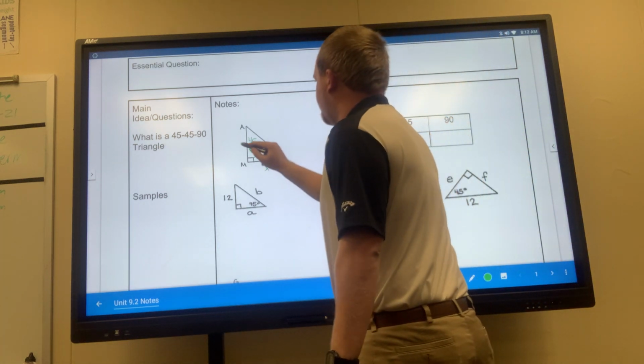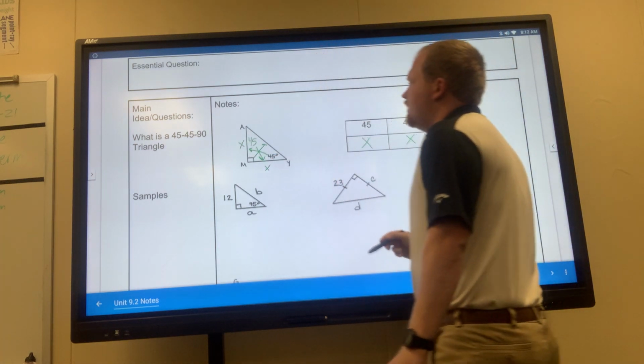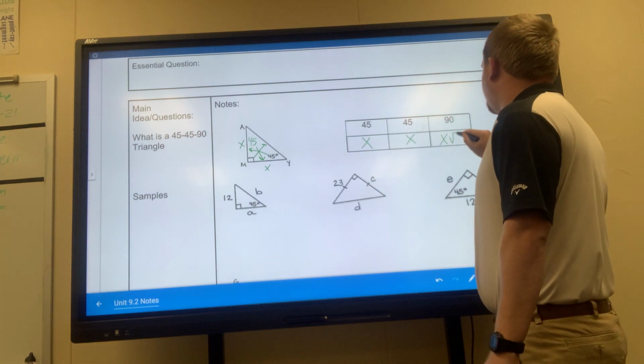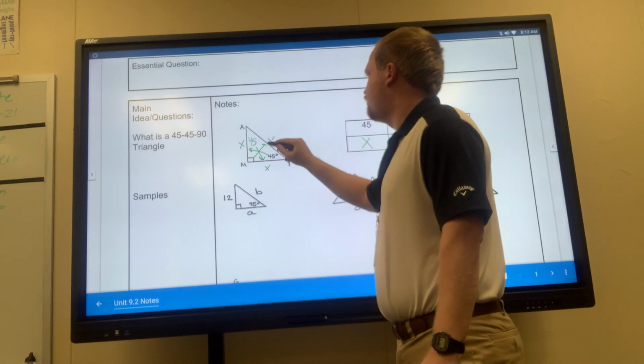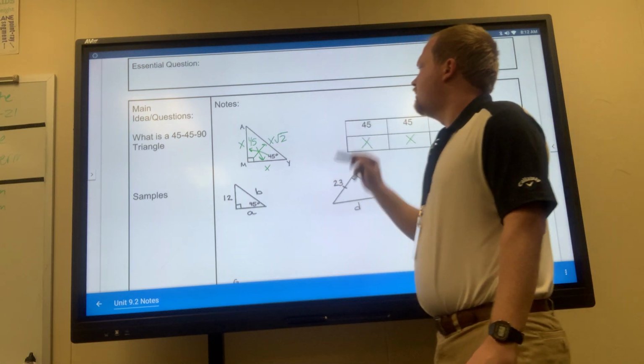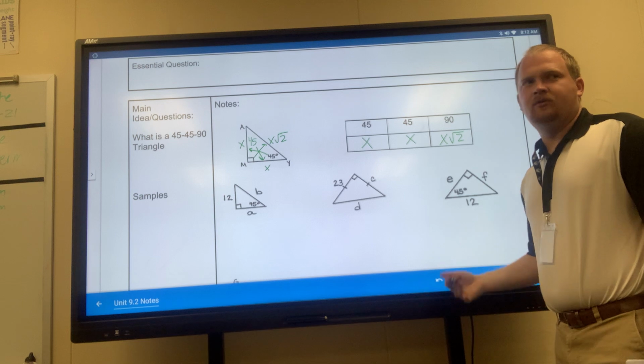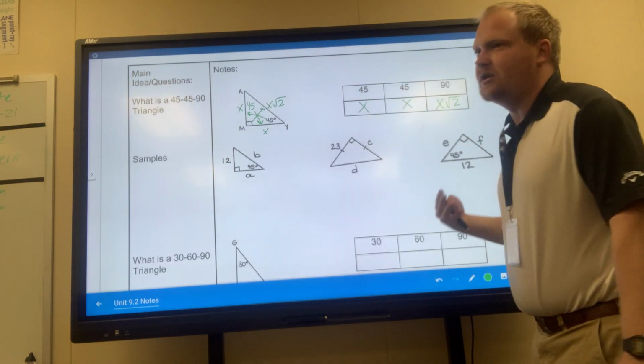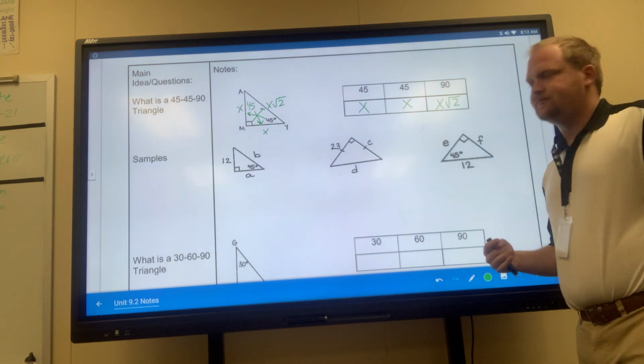So these two lengths are going to be x. Whatever is opposite the 90-degree angle gives us x square root of 2, so basically x times the square root of 2. That's what it gives us every single time.